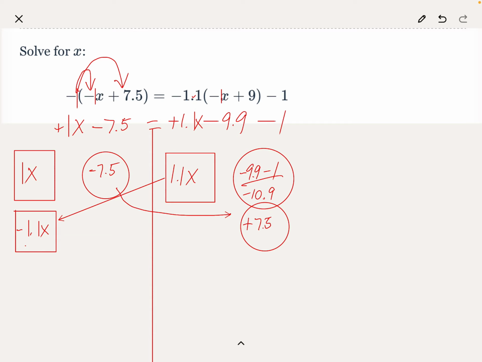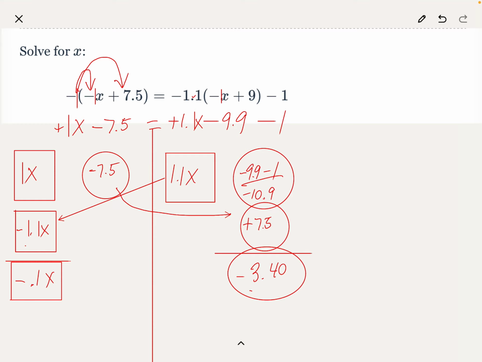So now I'm just going to combine these boxes and circles. We're going to be left with a negative 0.1x on this side. And on this side, we've got a negative 10.9 plus 7.5, so that's going to be a negative 3.4. So I can put this all in a circle.